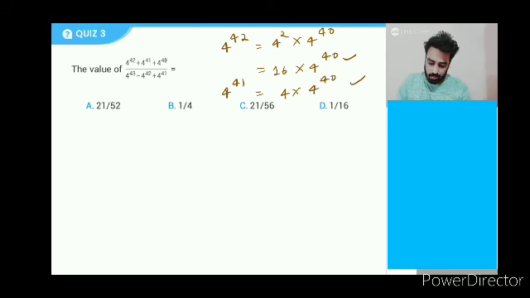Start. Solve it, everyone. Solve it properly, you solve it. Don't be in a hurry.